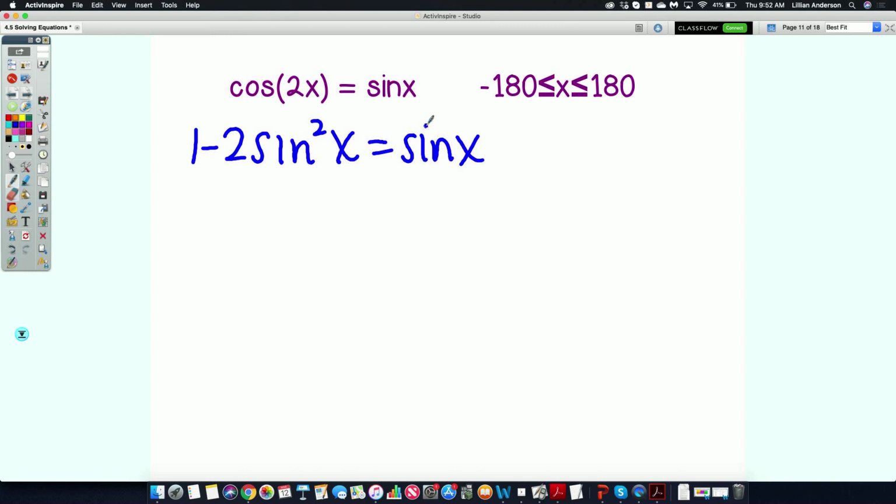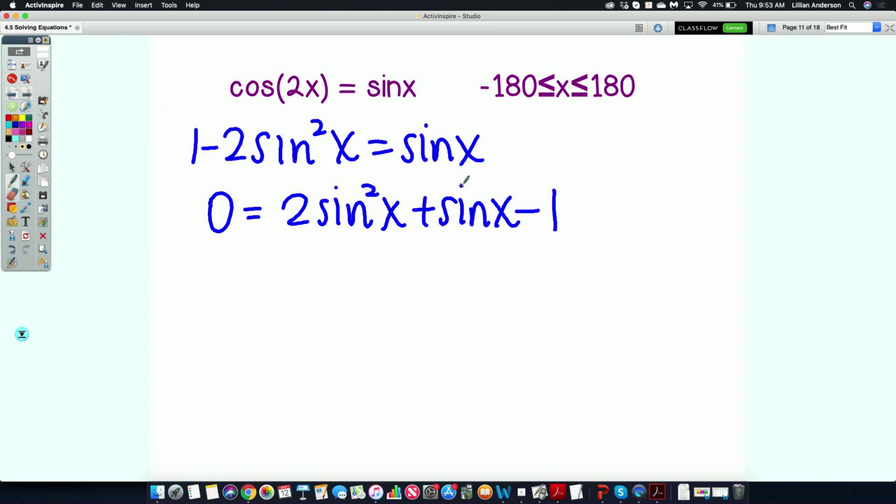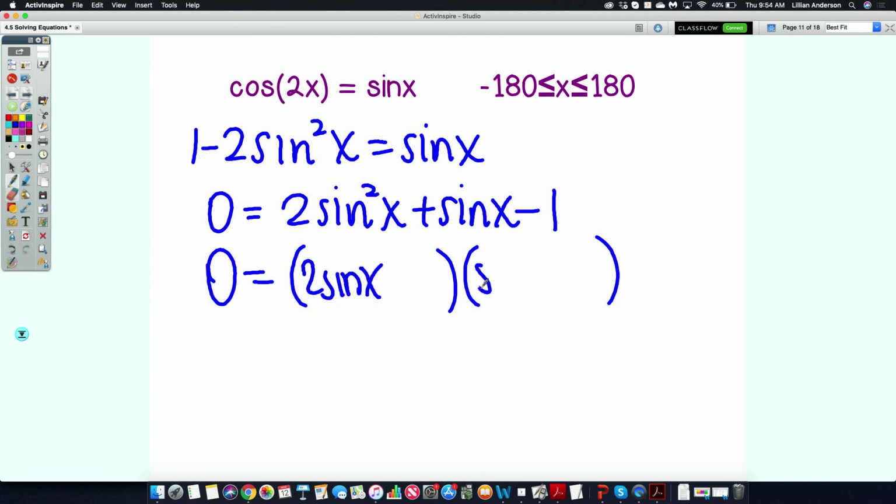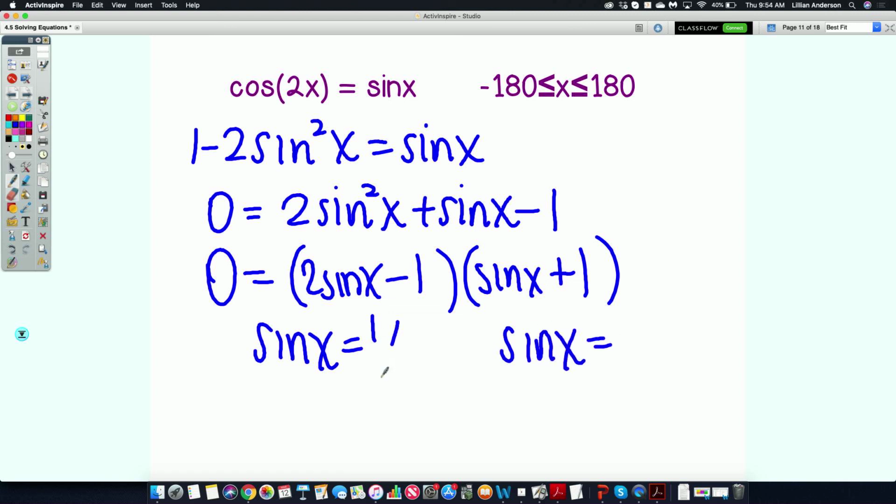And this is nothing but a good old quadratic. If I add over the 2 sine squared x, and subtract over the 1, I'll be able to factor this quadratic, set both of those factors equal to 0, and solve. This is how it should have factored, so you should have had sine x equal to 1/2 and sine x equal to negative 1.